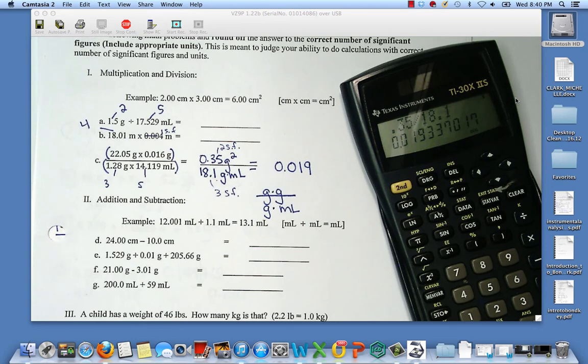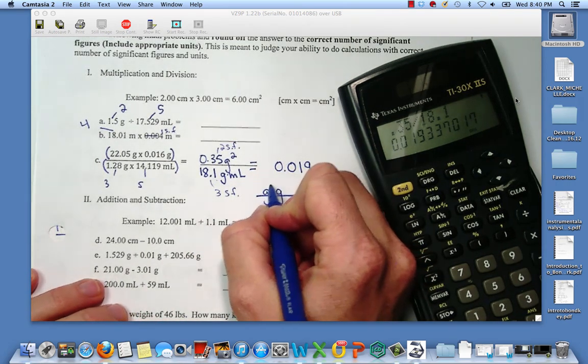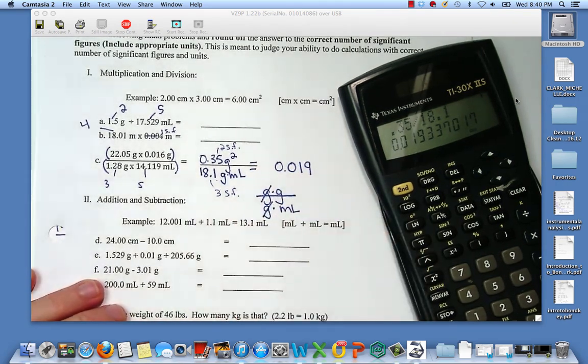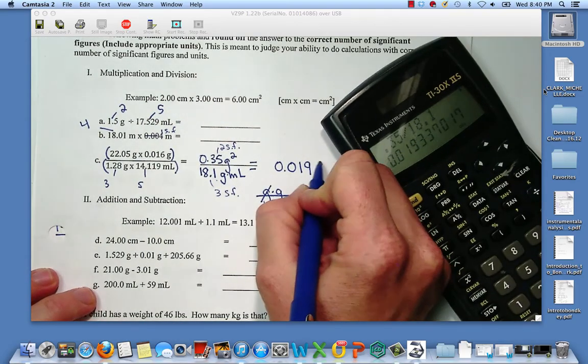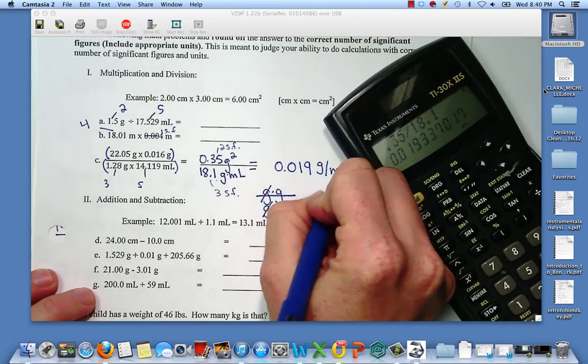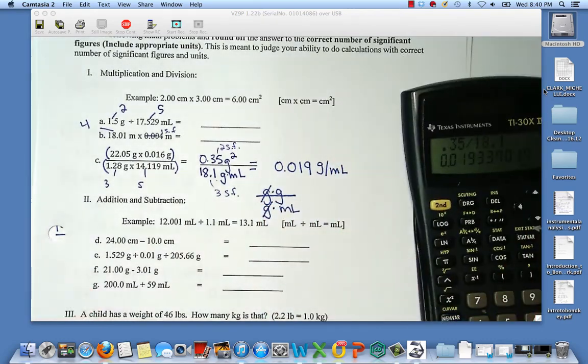I like how you're thinking about these units canceling, because the next thing we talk about is conversions and canceling out units. So yay that you're seeing this, and if you're not, we'll work through this a lot more. The units on this are going to be grams per milliliter. Questions on that one?